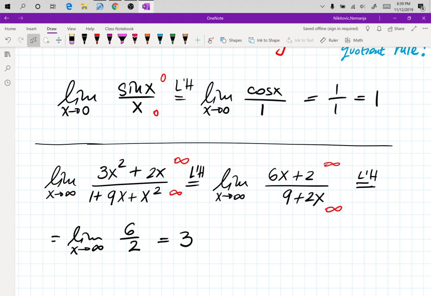That's the fast answer. Now, as soon as you don't have 0 over 0 or infinity over infinity, the process is broken. On the first example we had 0 over 0, and you used L'Hopital's rule, and now you don't have 0 over 0 or infinity over infinity. That means L'Hopital is out, right? And when I plug in 0, I got 1 over 1, so we are done.